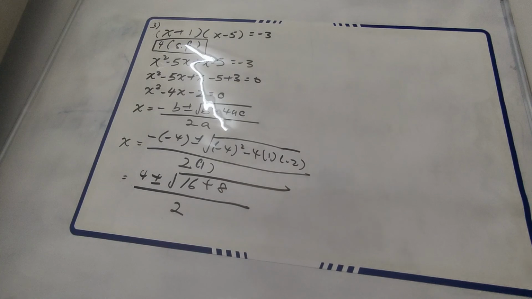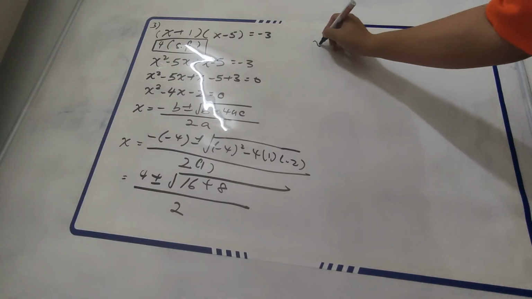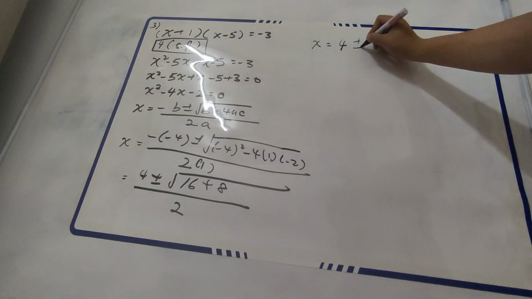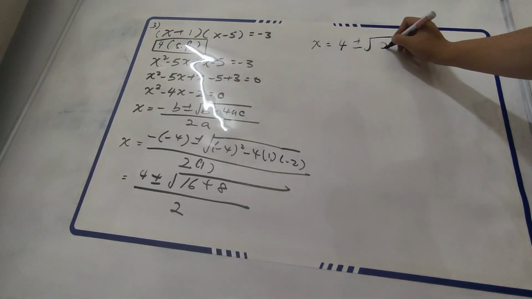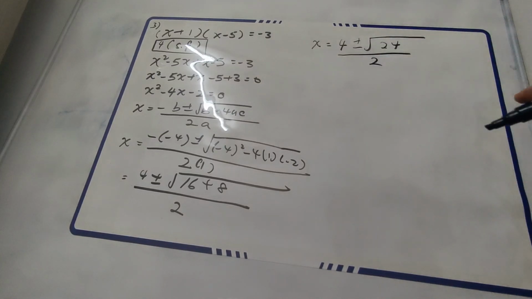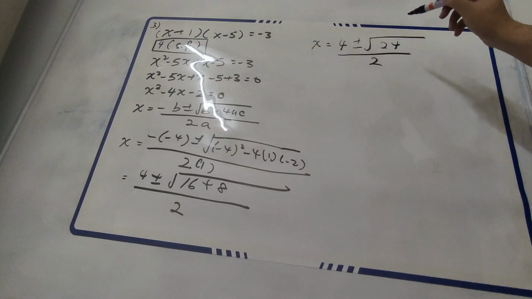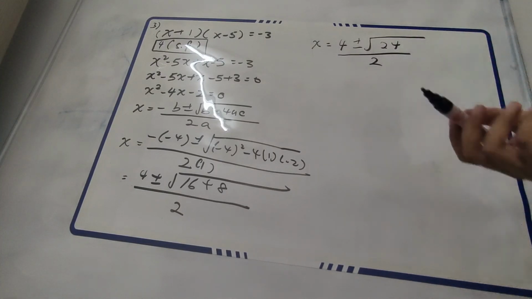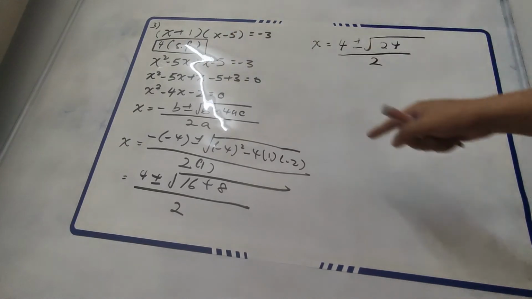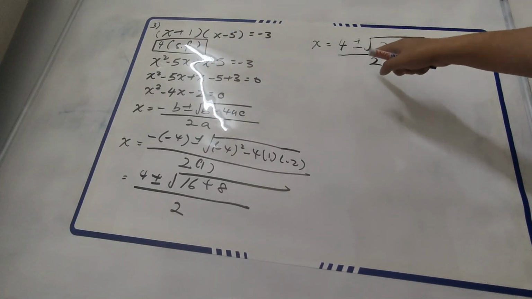So your x is equal to 4 plus and minus the square root of 24, divided by 2. If you leave your answer this way, you will lose some marks in the exam, because the question told you to get 4 significant figures. So you need to press your calculator.